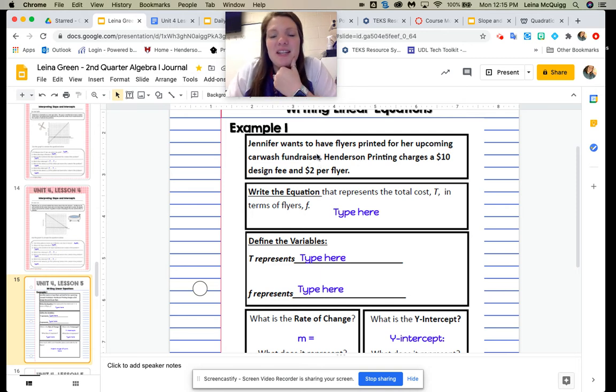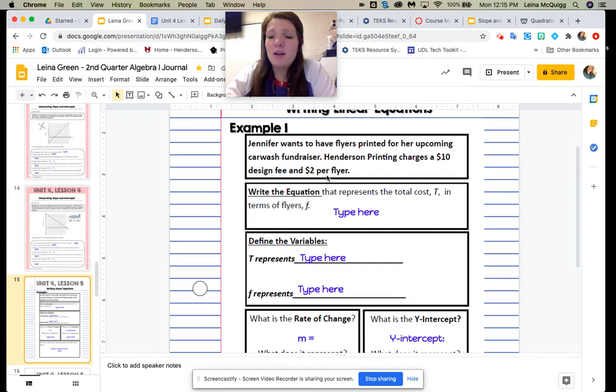So here we go. Jennifer wants to have flyers printed for her upcoming car wash fundraiser. Henderson Printing charges a $10 design fee, and $2 per flyer. Okay, so Jennifer's going to have a car wash. Usually we have fundraisers to help people that are sick, or maybe an organization.